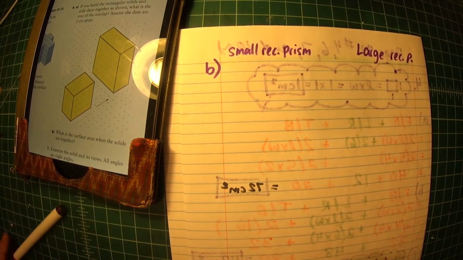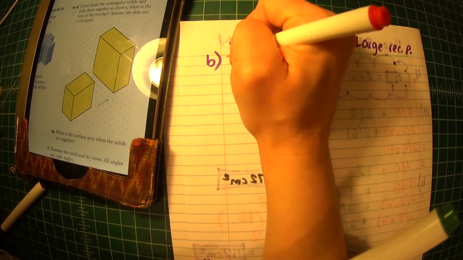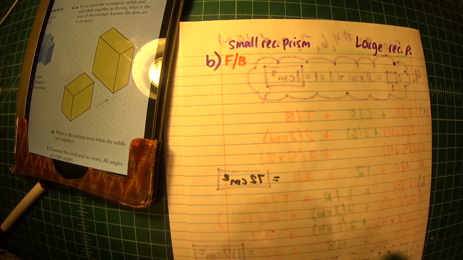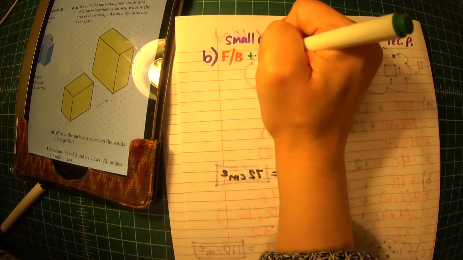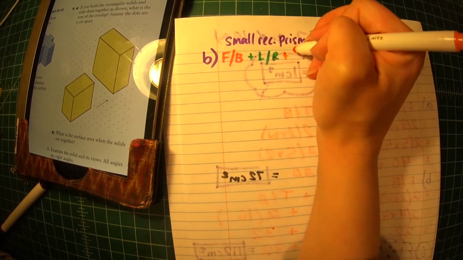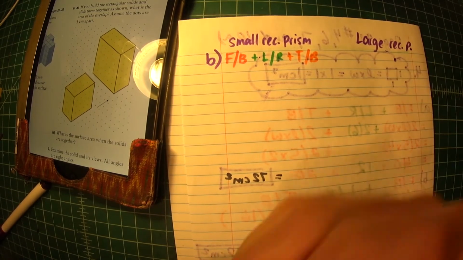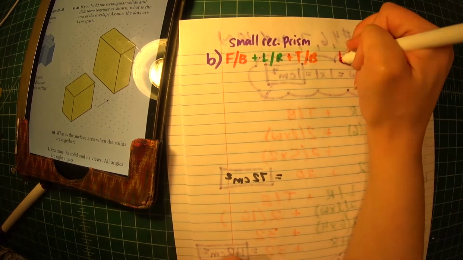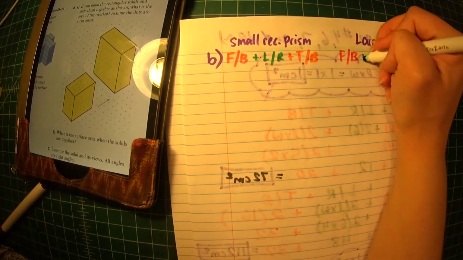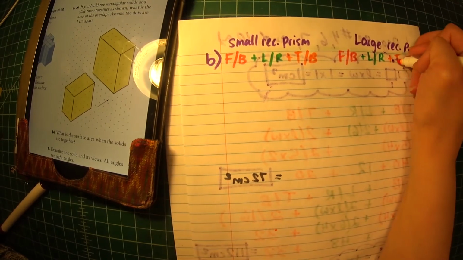The small one will break down into front, back, left, right, top, bottom. Same thing with the large: front, back, left, right, top, bottom.